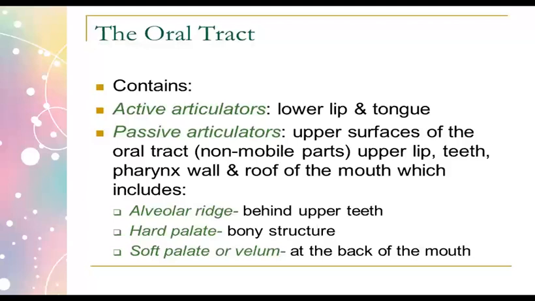They do not move. The active articulators move in the direction of the passive articulators to produce consonant sounds. Okay, so you understood what is the role of the active articulator and what is the role of the passive articulator during the production of a consonant sound.